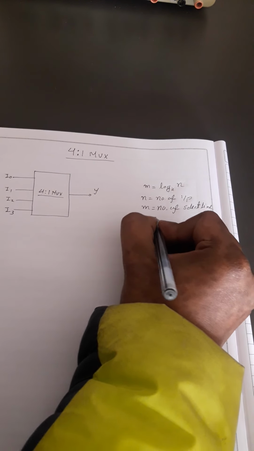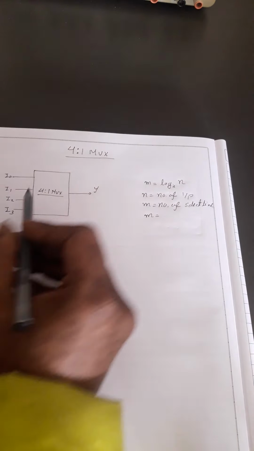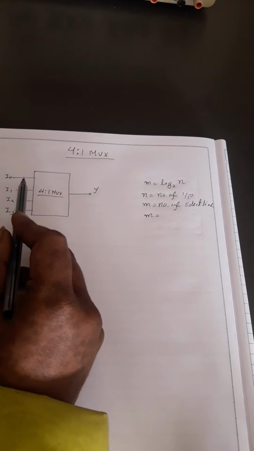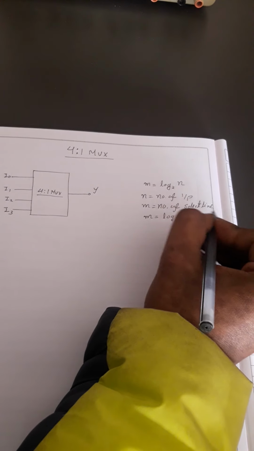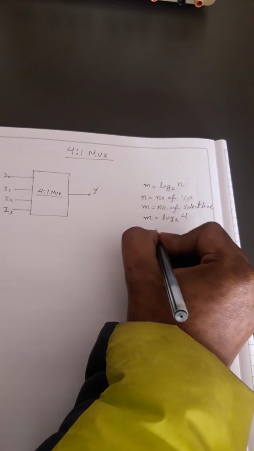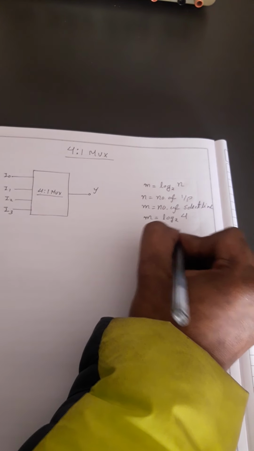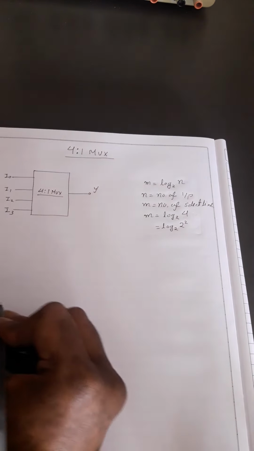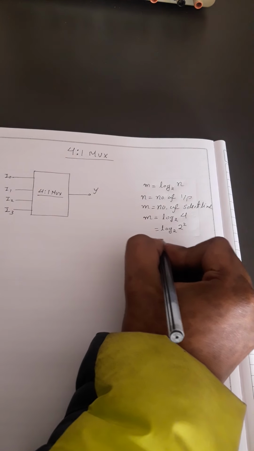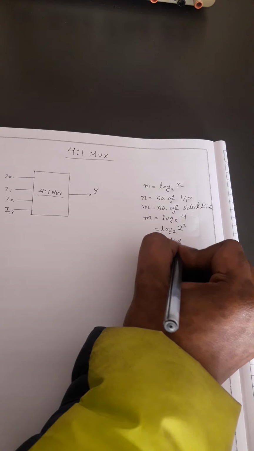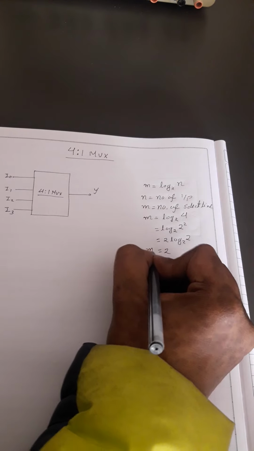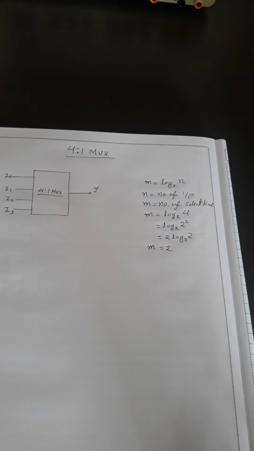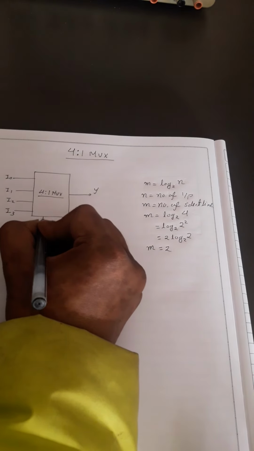Here n is 4, as we have 4 input lines. So m = log2(4), or we can write it as log2(2^2), which is equal to 2. So here we have got m = 2. That means there will be 2 select lines. Let's draw them.